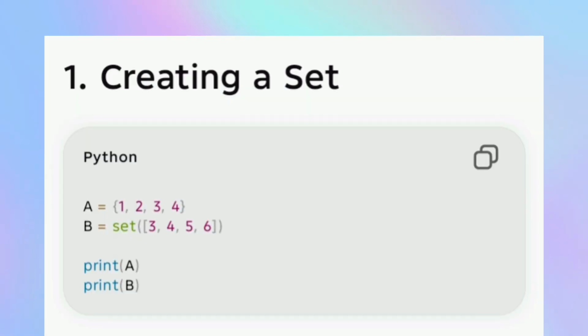Creating a set: A equals {1, 2, 3, 4} within curly braces. B equals set of a square bracket 3, 4, 5, 6. Print A and print B. Let's see the output.